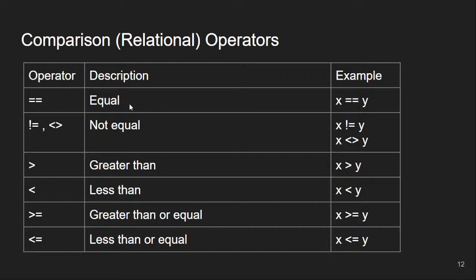So you can use this in your conditions, like your if condition, to check if two things are the same. In this case, we want to check if x and y have the same value. We're checking to see if the value stored inside variable x is the same as the value stored inside variable y. Then we also have the not equal. For not equal to, you can use the exclamation mark and equal, or you can use the less than greater than sign.